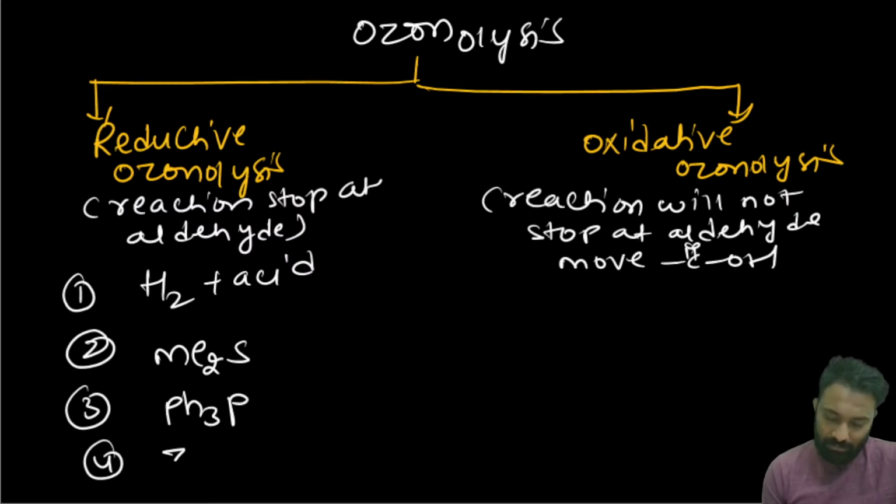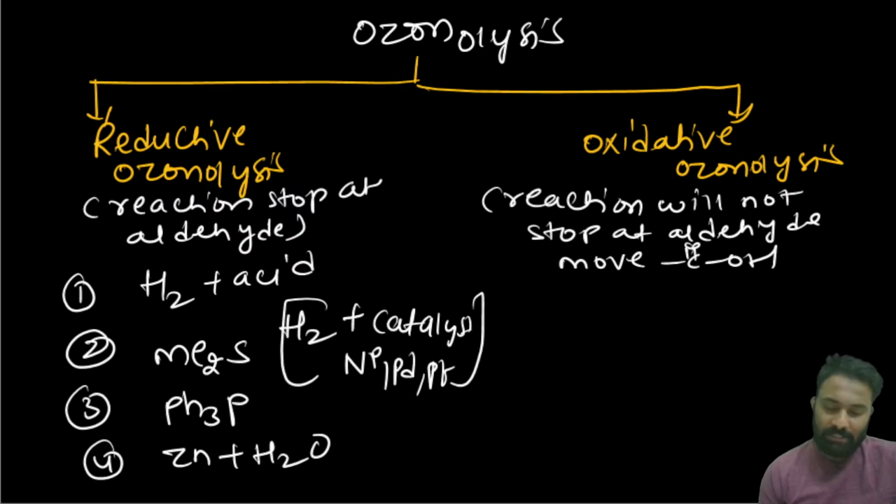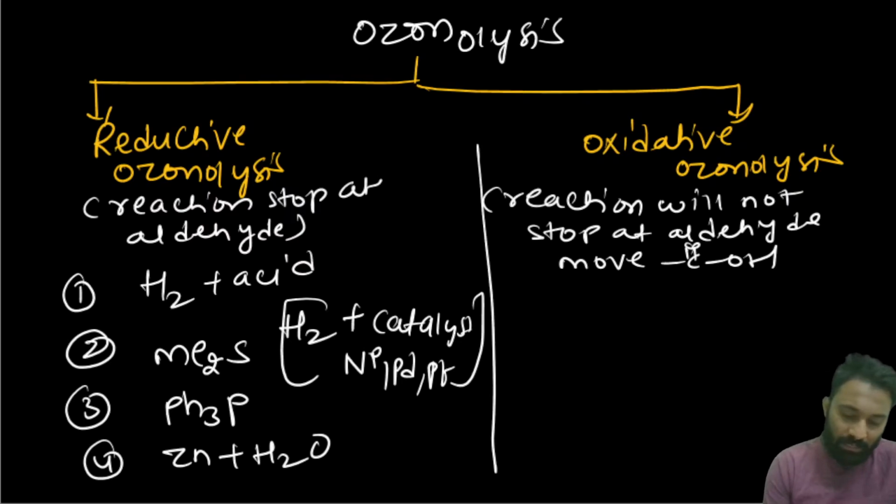Next, Zn H2O. And H2 plus catalyst: nickel, Pd and Pt. These will stop the reaction at the aldehyde stage.